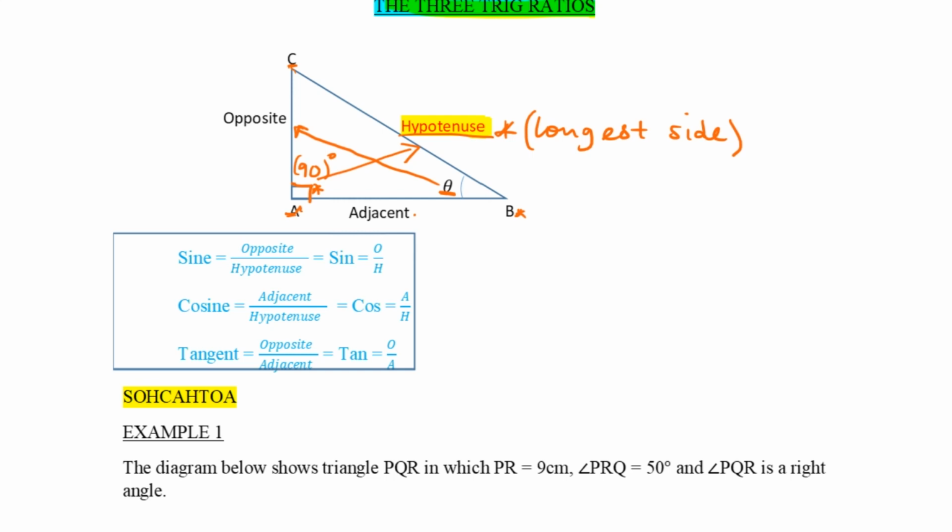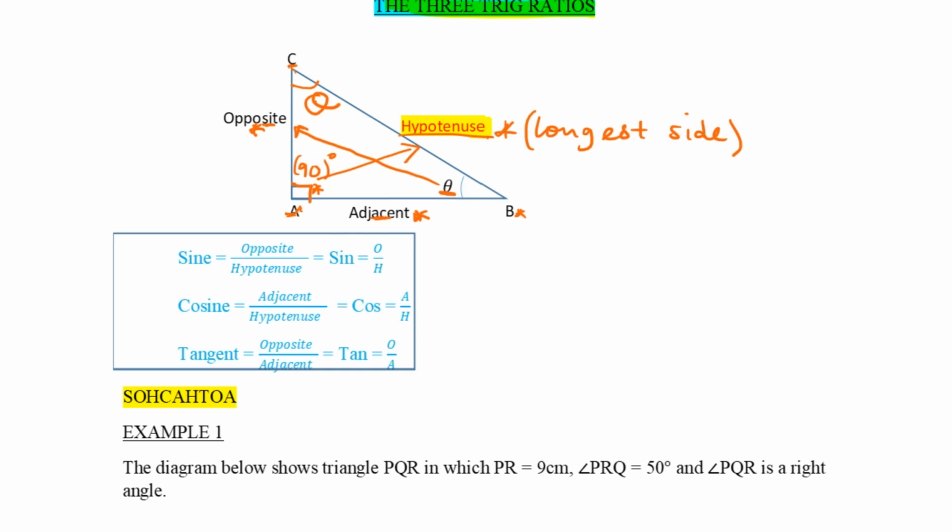These two sides, the opposite and the adjacent, change depending on the angle that we are considering. If we bring theta here, you see that its opposite will become this one, and the adjacent will be that one. So these are not fixed, but they can change. But the hypotenuse doesn't change.